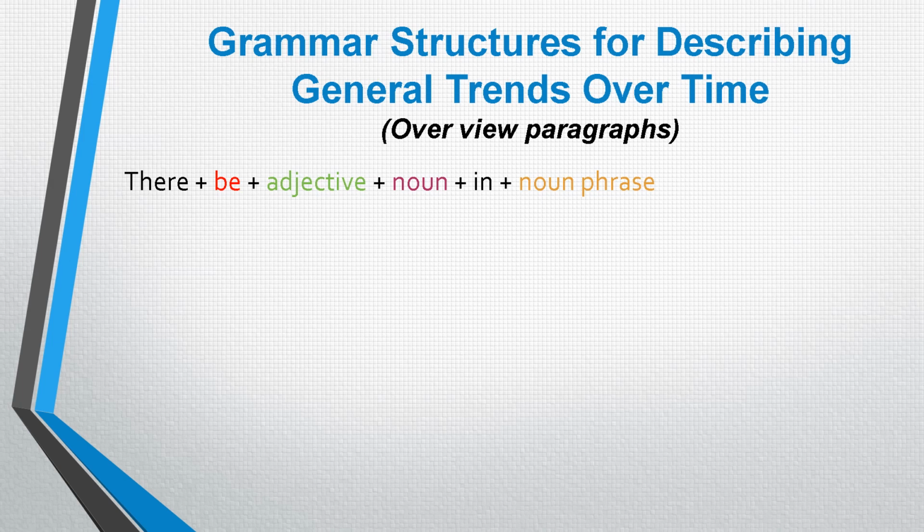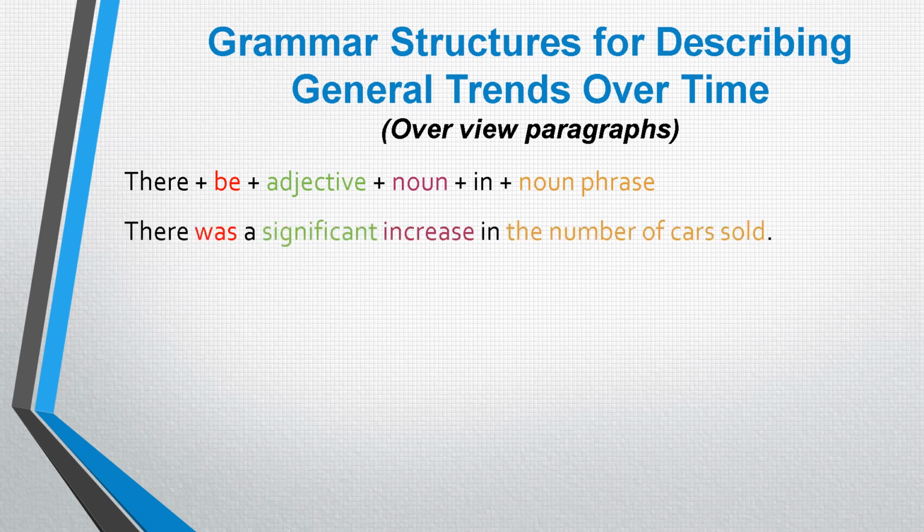And if that sounds very odd or very complicated, it simply means this: there was a significant increase in the number of cars sold. So that is one grammar structure, and you can simply replace the adjective or noun with different ones from the list to change the meaning to suit what you are trying to describe. So that's one structure we can use.